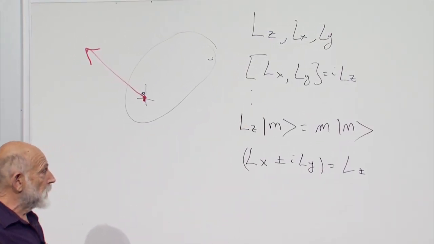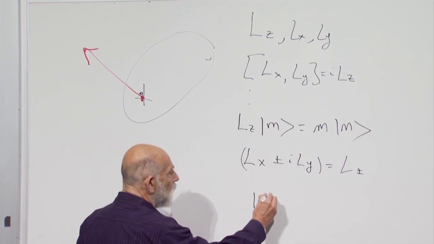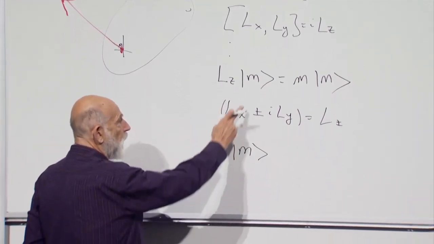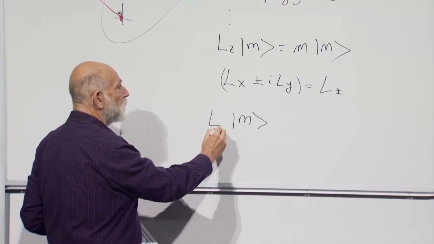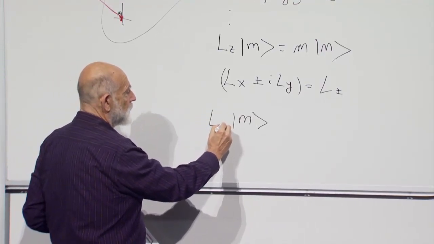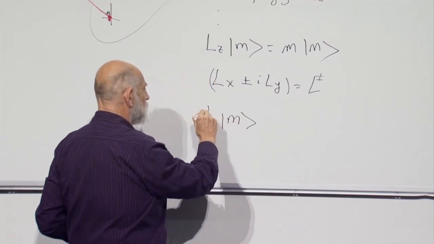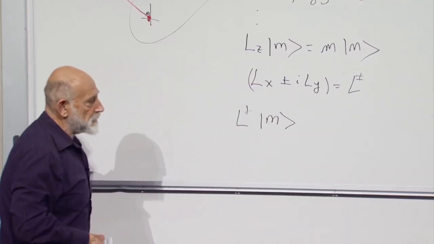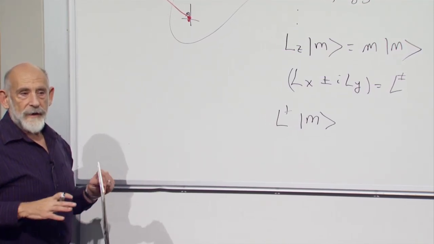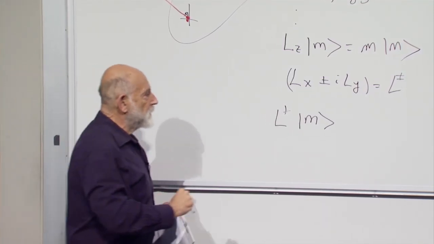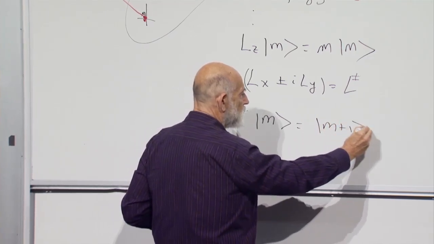But here's what we learned. We found out that if we start with an eigenvector of Lz with eigenvalue m, and we hit it with L plus, that gives us another eigenvector with m plus 1.